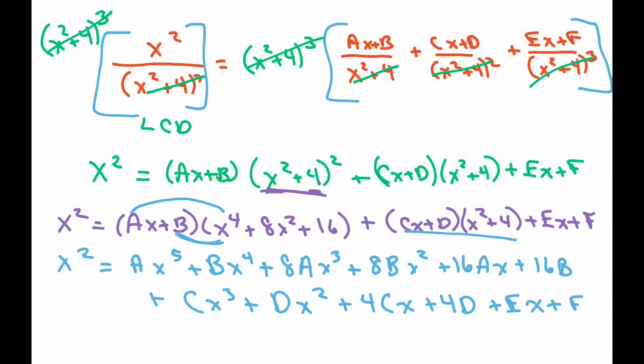And now what I want to do, make sure you write this down, is combine these together. I'm going to combine my x squares together. I have 3 x's I'm going to combine, and I have 3 constants I'm going to combine.